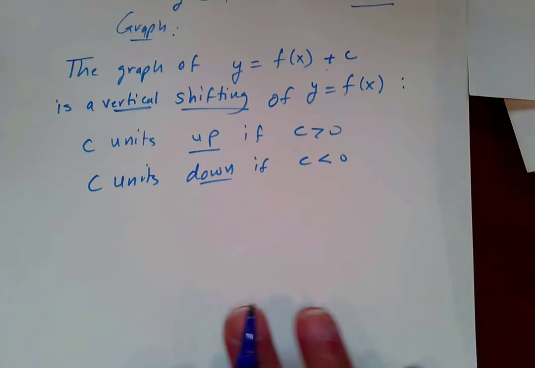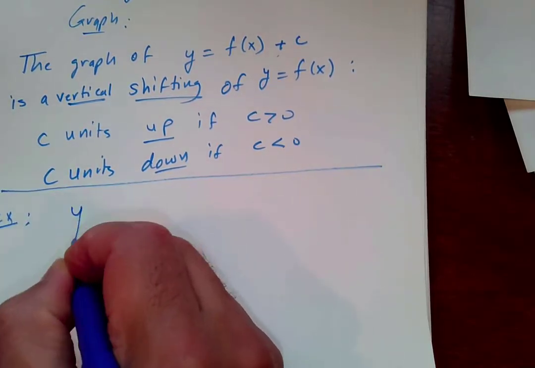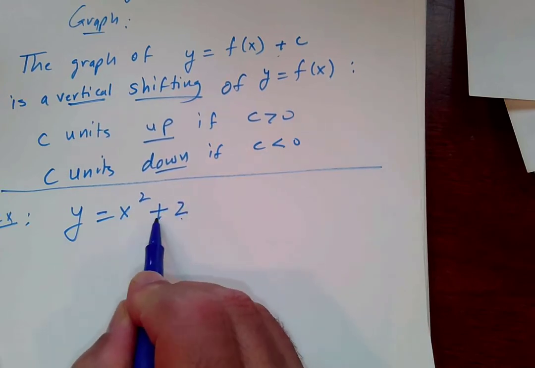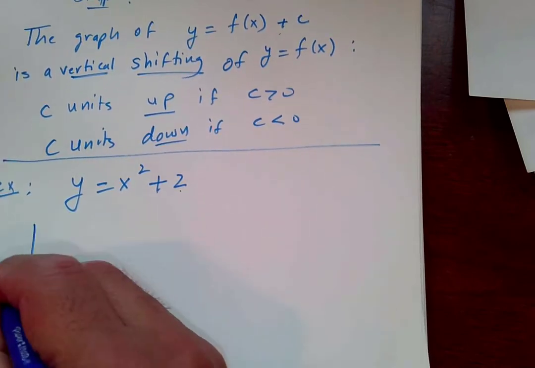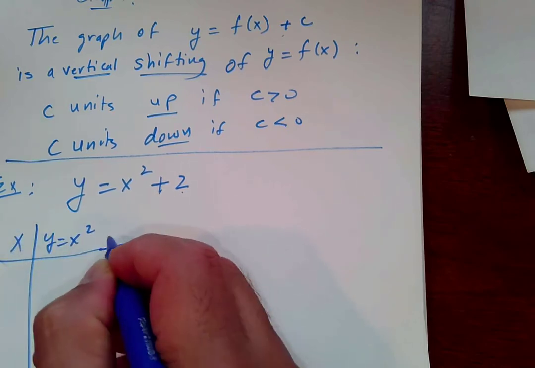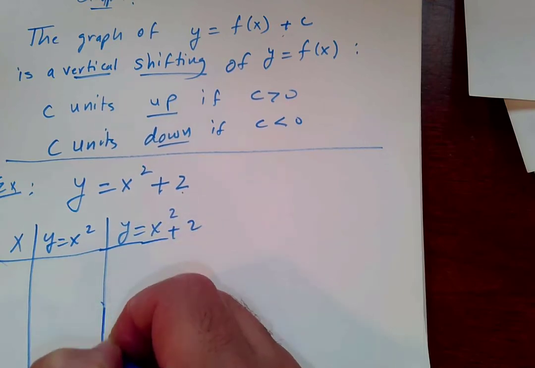So for example, if I want to graph y equals x squared plus 2, you can see the +2, that's your c. So let's just do a t-chart: y equals x squared, which we already did, versus y equals x squared plus 2, so you can see what's going on.